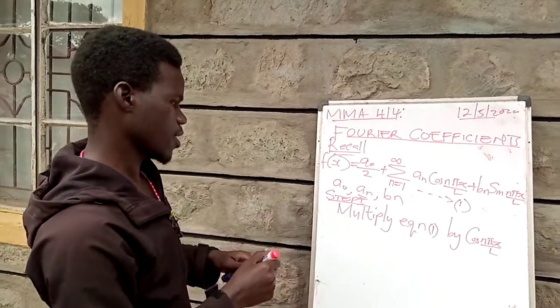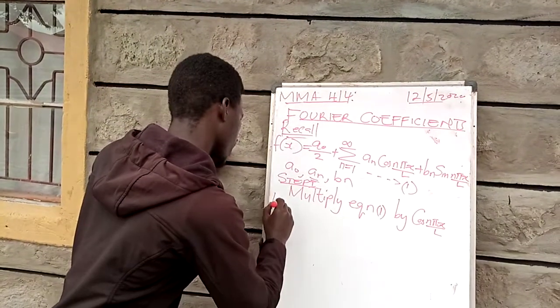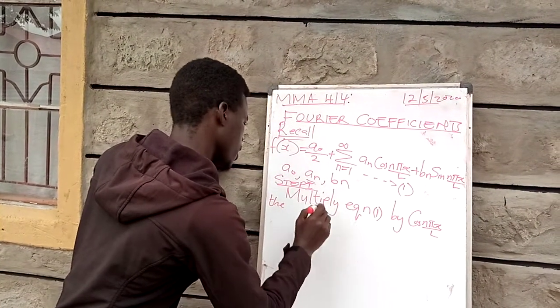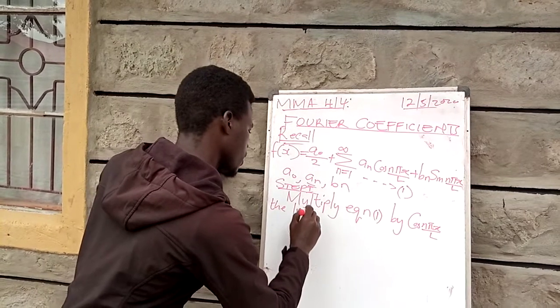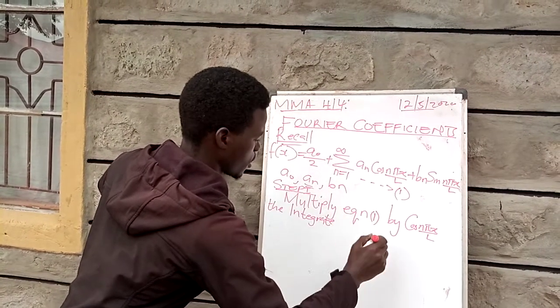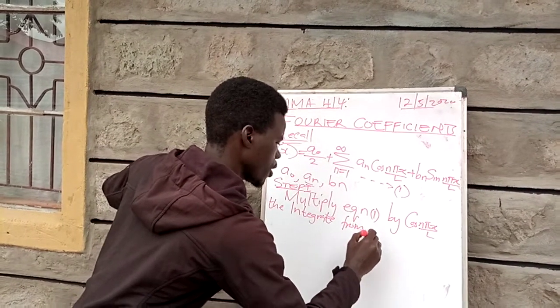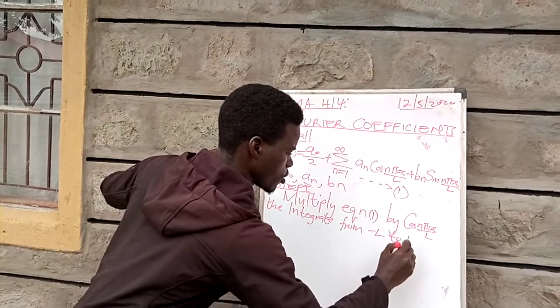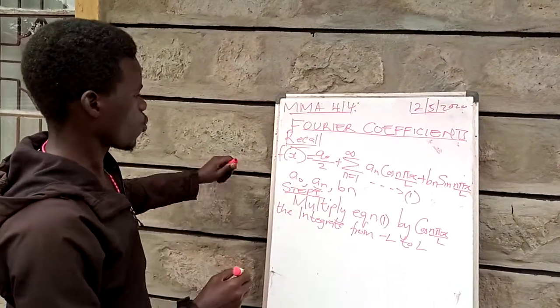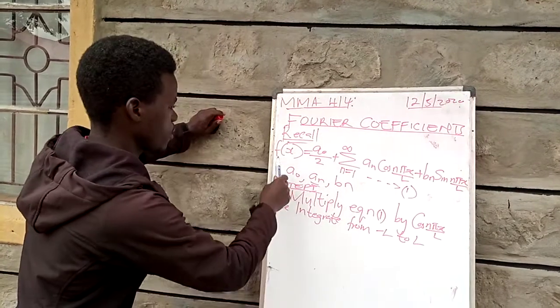So multiplying it by cos n pi x over L, then integrate from negative L to L. So this is what you obtain.